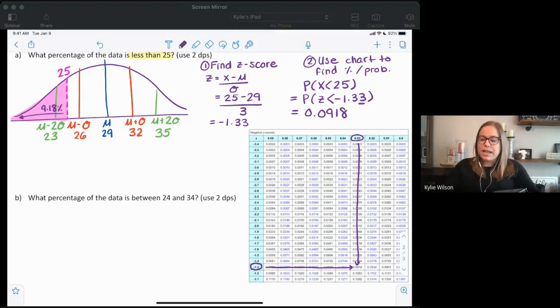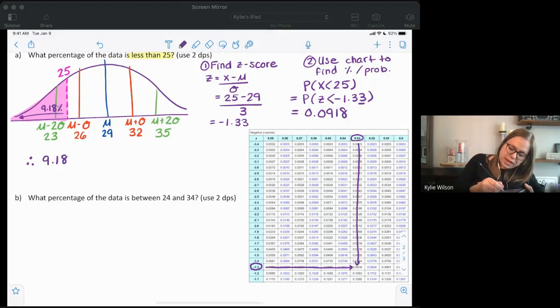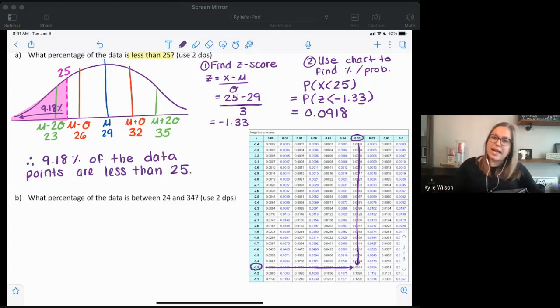Now, how we write out a therefore statement or our conclusion for a question like this is we would say, therefore, 9.18% of the data points are less than 25. And that's our final answer.